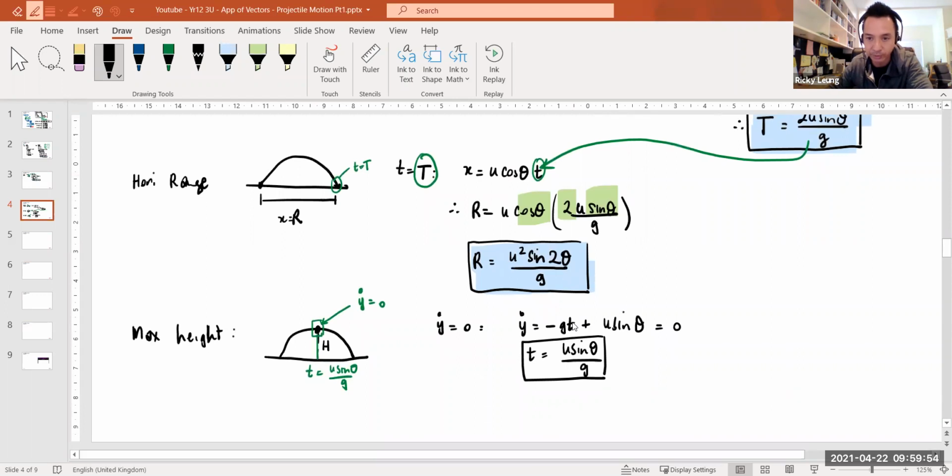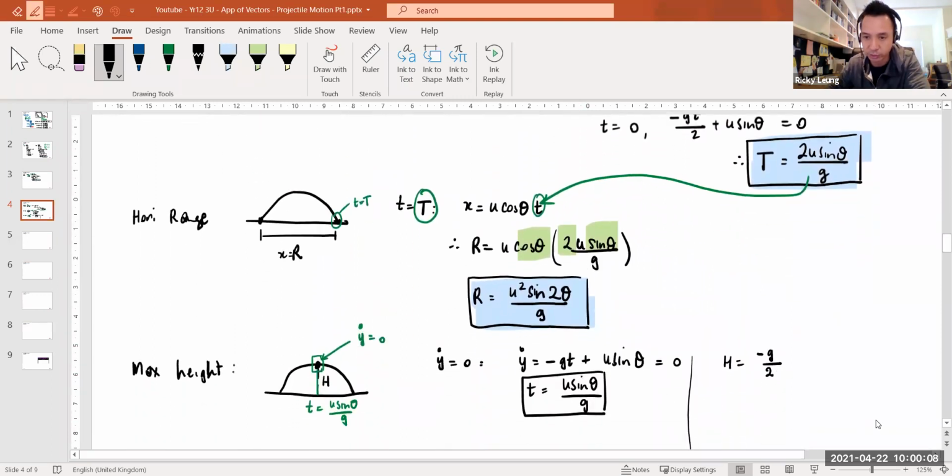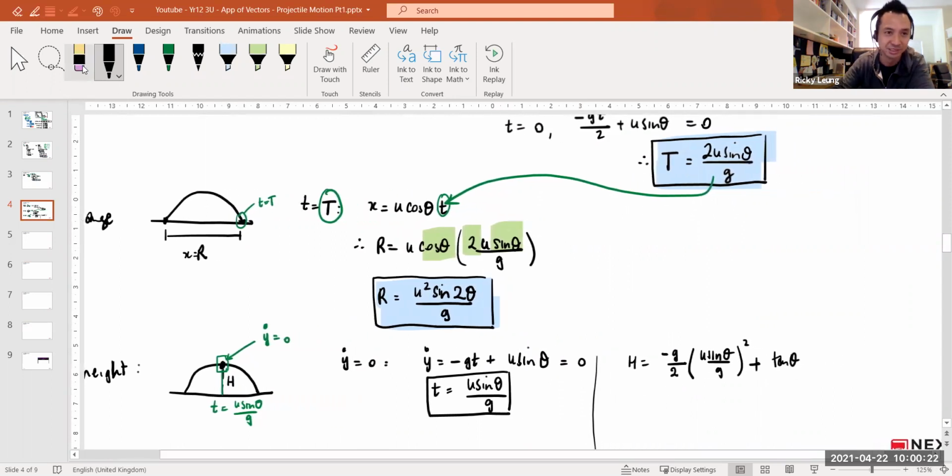So therefore, maybe I can fit it on here. H equals minus g on 2 t squared, so this guy squared, u sine theta on g squared, plus u sine theta times u sine theta on g, and assuming initial height is 0.